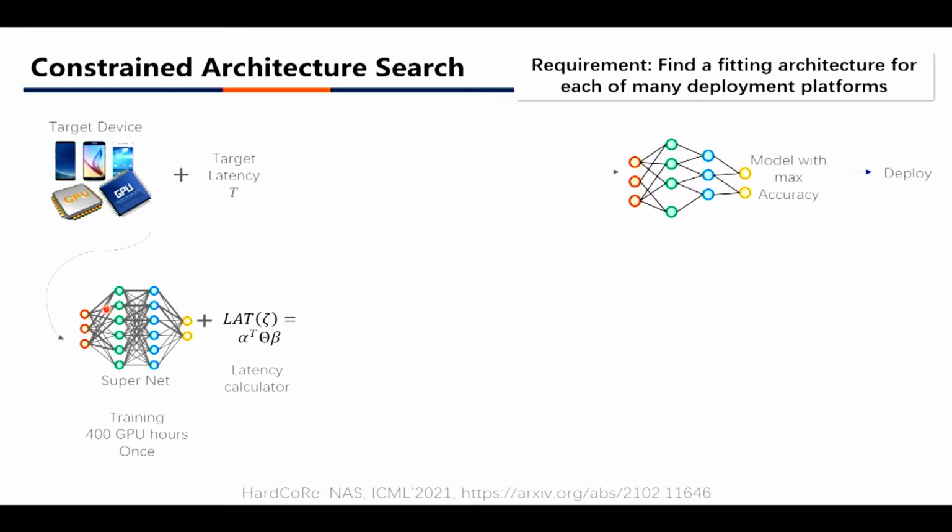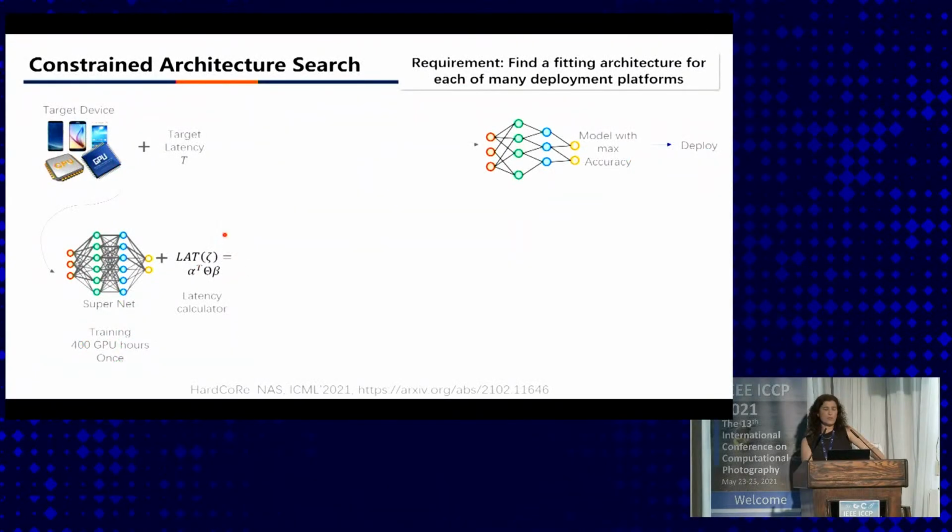And this super network is trained in a way that its sub-networks have high accuracy. They also prepare a latency calculator, which is kind of like based on a lookup table, but where you calculate the computational cost of each computing block in the super network a priori on all the possible devices you might have, and then you can in real time very quickly compute the latency for each architecture.